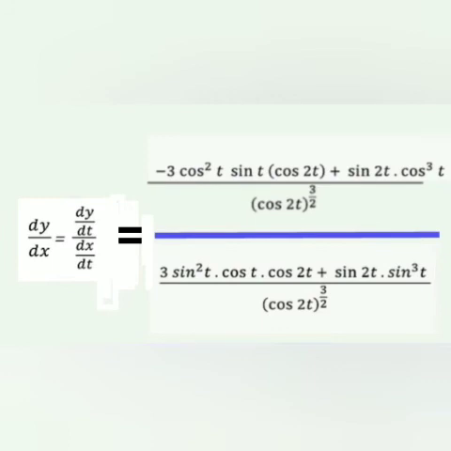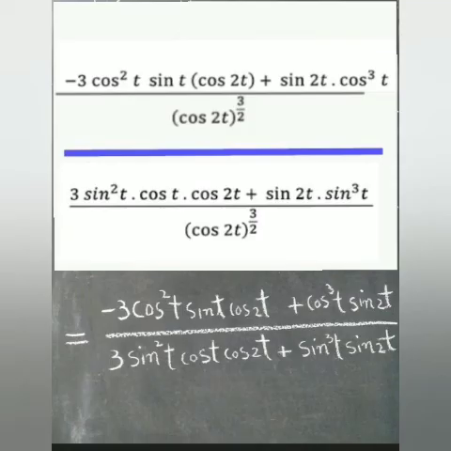Thus we can write dy by dx is equal to dy by dt divided by dx by dt. In the numerator we have dy by dt, in the denominator we have dx by dt. Since the denominator of dy by dt is cos 2t raised to the power 3 by 2, and the denominator of dx by dt is also cos 2t raised to the power 3 by 2, their quotient is equal to 1.